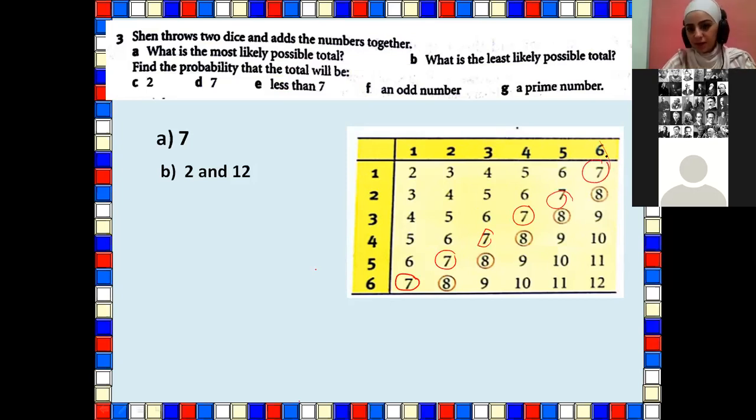So 6 out of 36. And you can simplify it if you want to write it in simplest form. What do you get if you simplify it? 1 over 6. Yes. So let's just see.